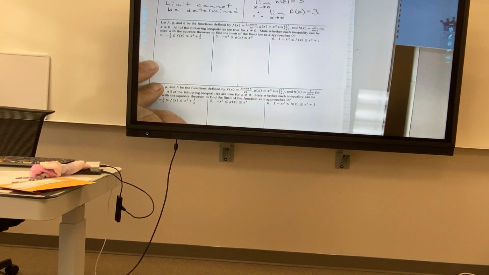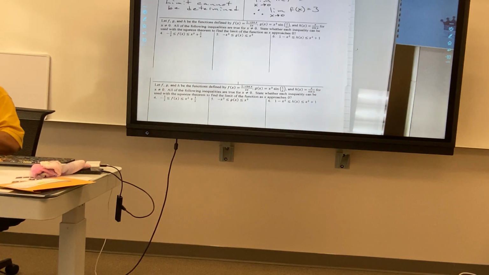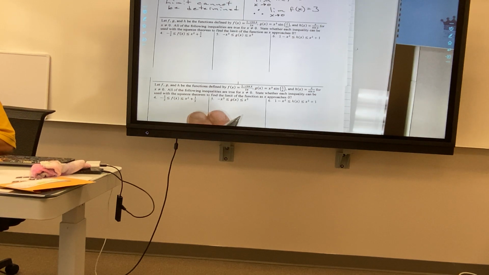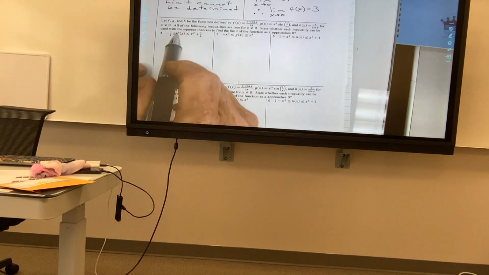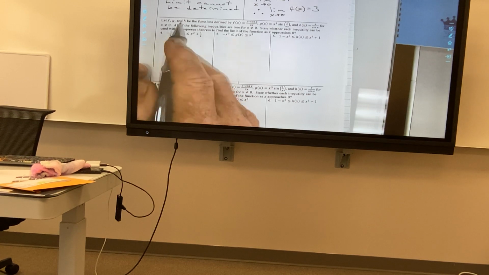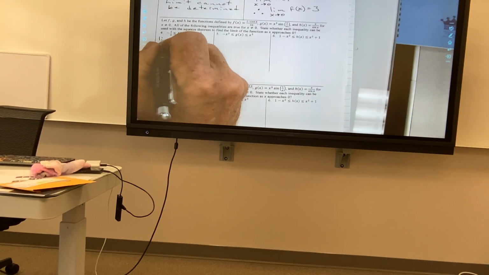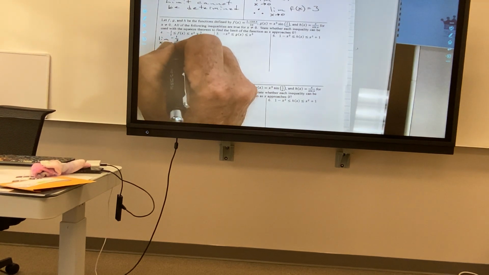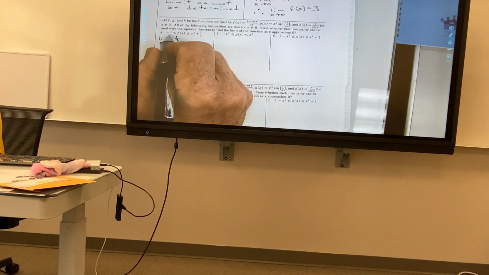State whether each inequality can be used with the squeeze theorem to find the limit of the function as x approaches 0. So, the first thing I'm going to do, it says -1/2. The limit as x approaches 0, -1/2. This is g, isn't it? It's to the left.